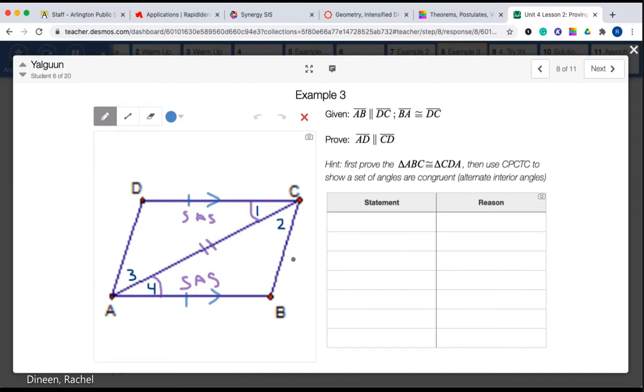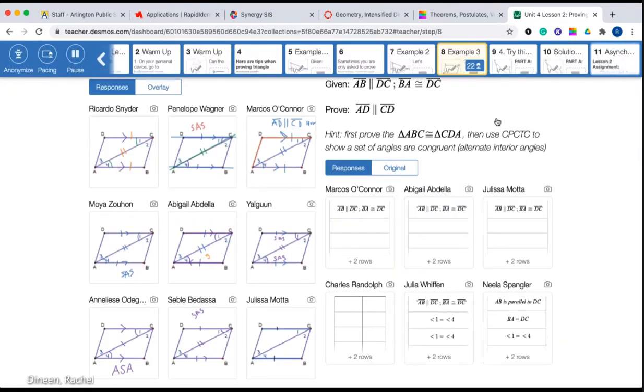You are so on the right track. Why can we mark angle 1 and angle 4 congruent, but not angle 2 and angle 3? Moya? I think it's because there's nothing in the given that can prove that. Yes. There is nothing in the given that can prove that, and let me go ahead and show you why.